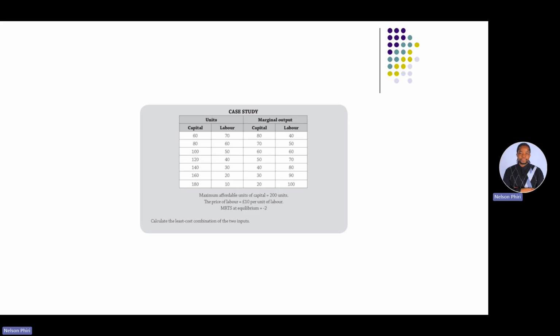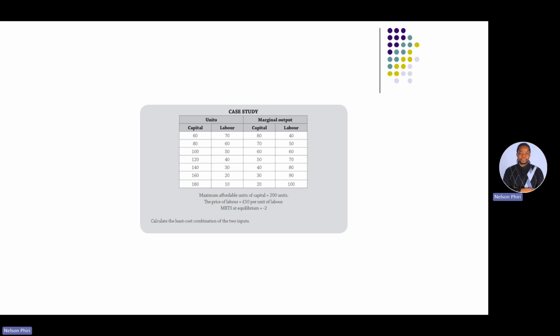So using our equation of price of labor over price of capital, which is equal to MRTS, we take 10, which is the price of labor. We divide by the price of capital, which we're looking for. This is equal to 2. If you solve that equation, you get that your price of capital is 5. That is your step 1. So you have established your price of capital.